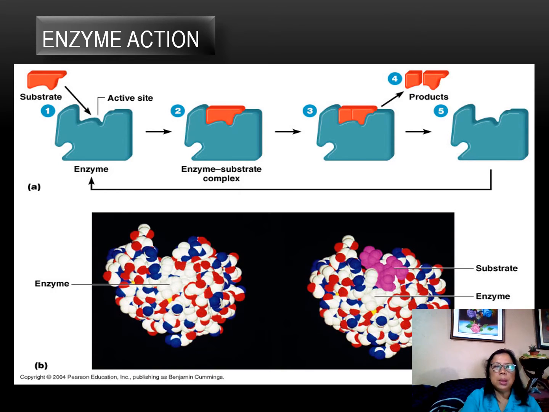If the substrate fits the shape or nature of the enzyme, then it could further undergo reaction, thus forming this product.